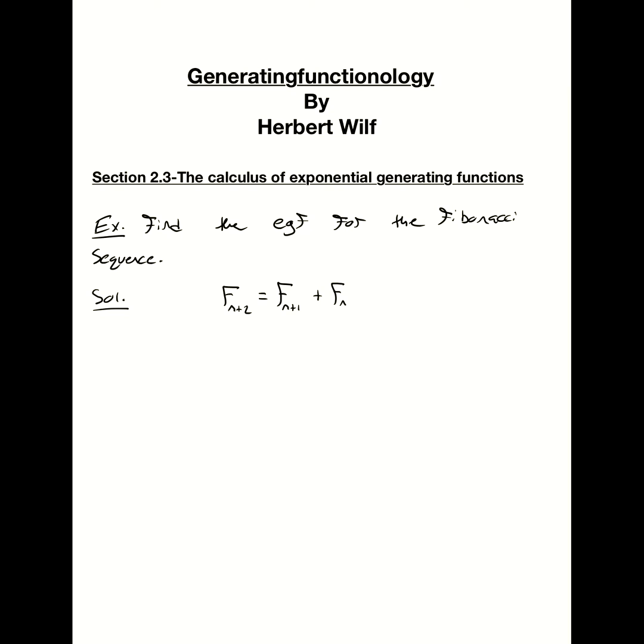We recognize that this shifted element is shifted by 2, so we know that the corresponding generating function, if little f is the exponential generating function for the Fibonacci numbers, then this recurrence turns into f double prime is equal to f single prime plus f.